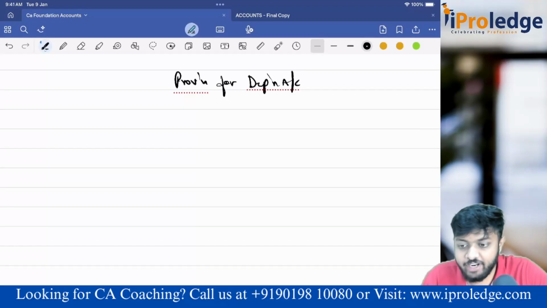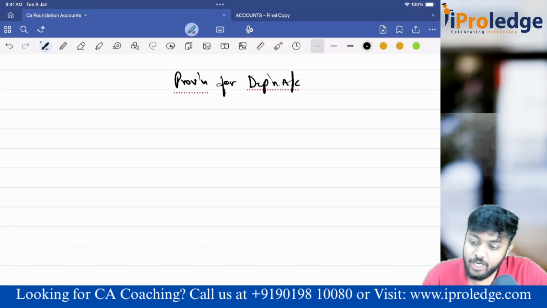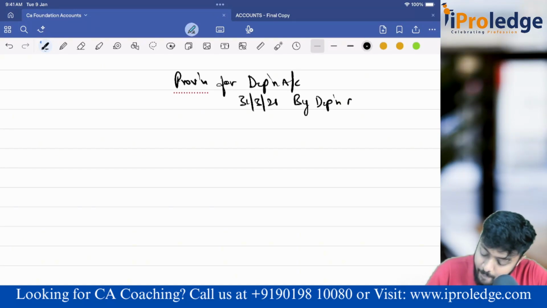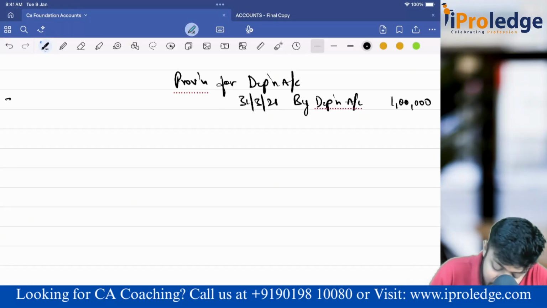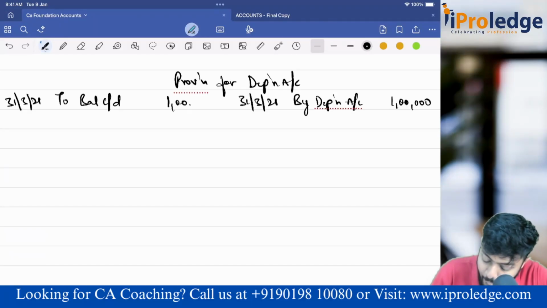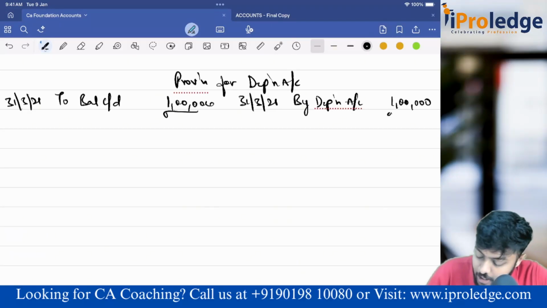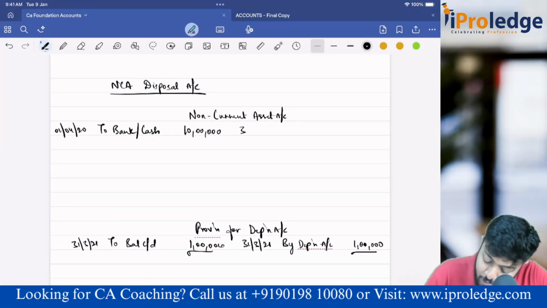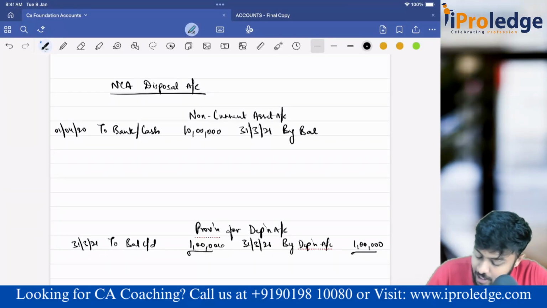Then at the end of the year you will give depreciation. You know depreciation is given in provision for depreciation, not in non-current asset. So 31/3/21, by depreciation, 1 lakh. This is like a liability, so the balance will be carried forward. In the non-current asset account also, the balance will be carried forward: 31/3/21 by balance carried forward.